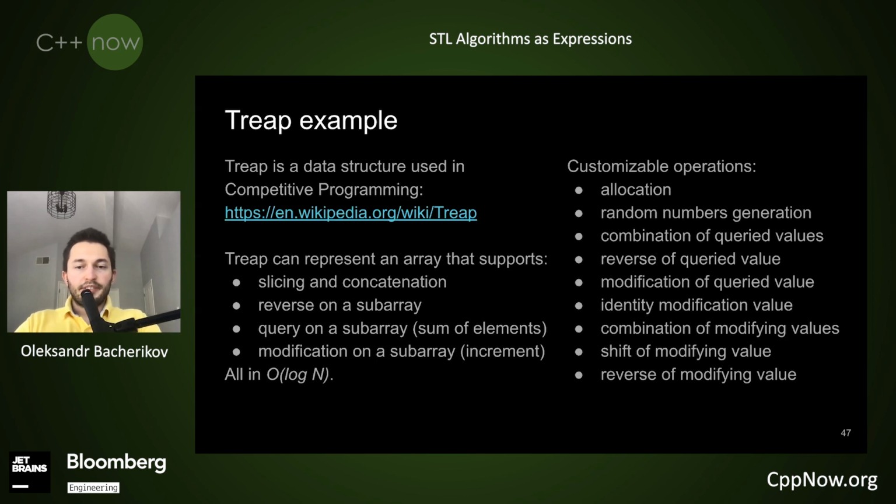To make that work, there are actually a lot of customizable operations. First one is obviously allocation. Then we have some random numbers involved. We have these queried values and modification values that should be combined together, reversed, and so on. So in total, we get at least 9 different operations to support that.